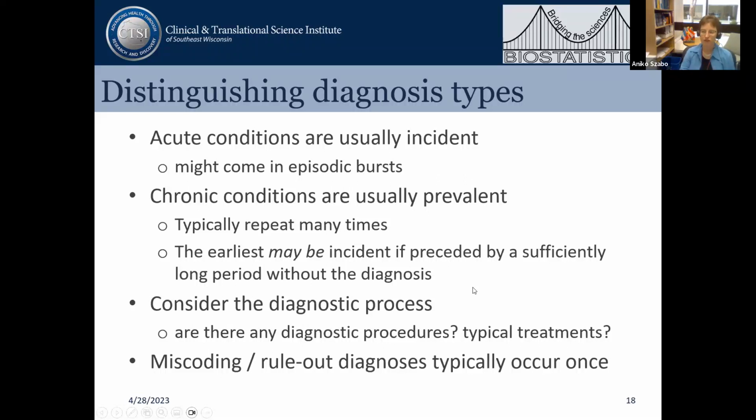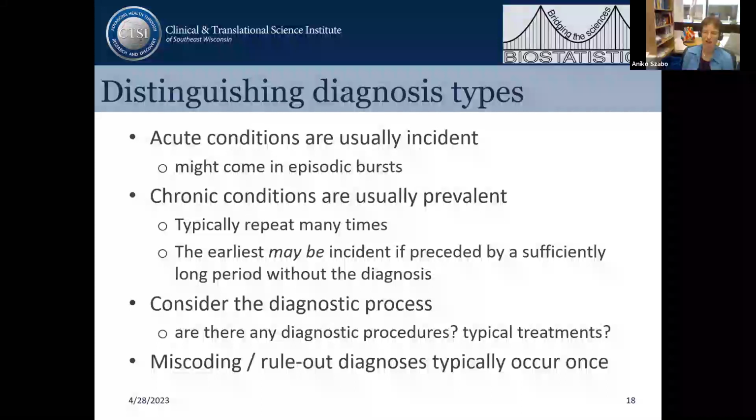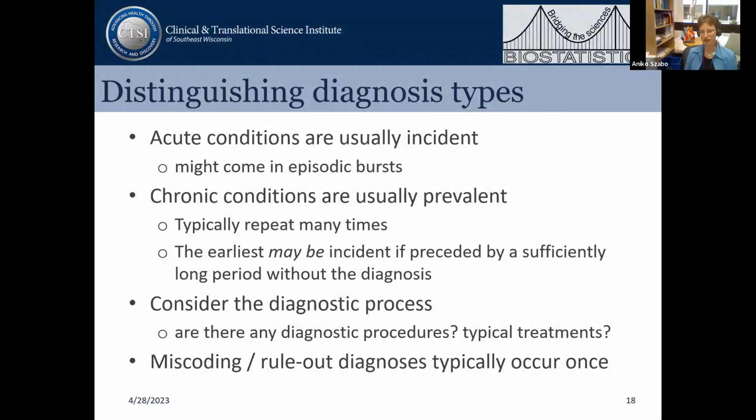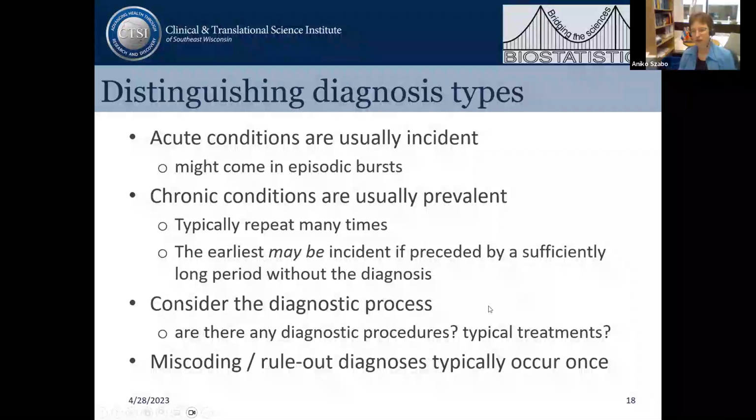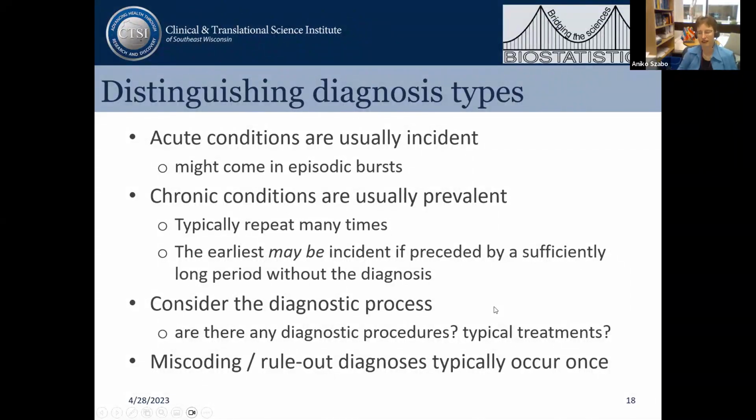Usually what people do, like in the previous plot I had, is that if you have a long period without diagnosis and then they suddenly start up, that's how we think it's incident. So we have to think that there must be a time period before it when the patient didn't have anything.